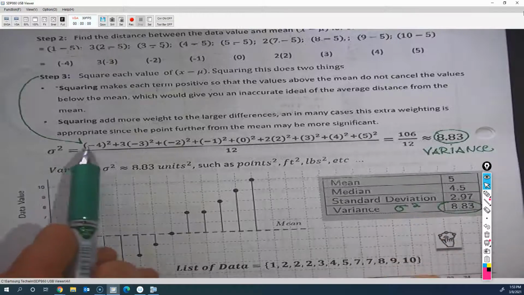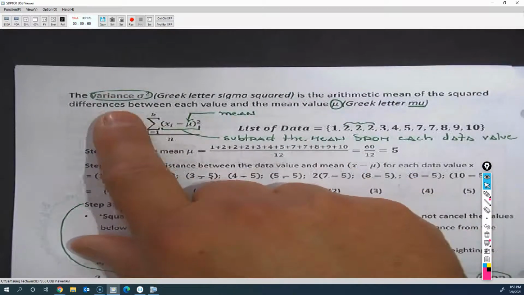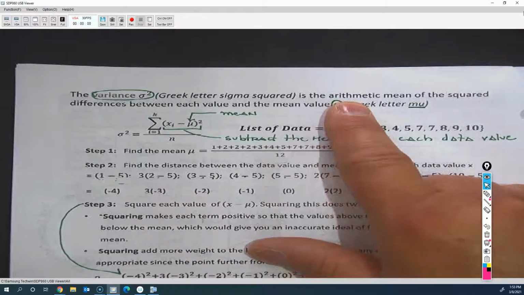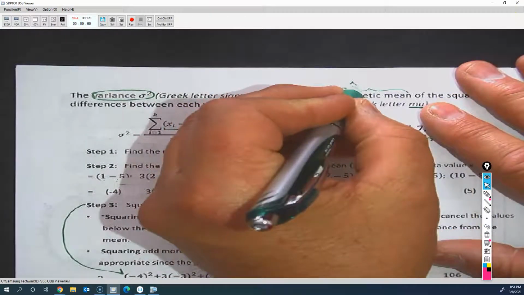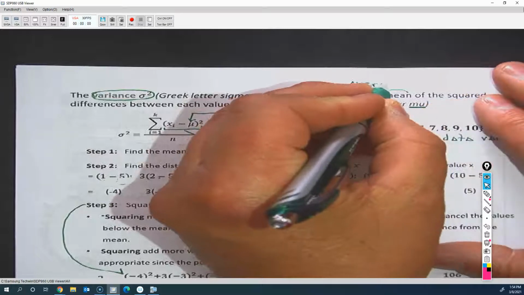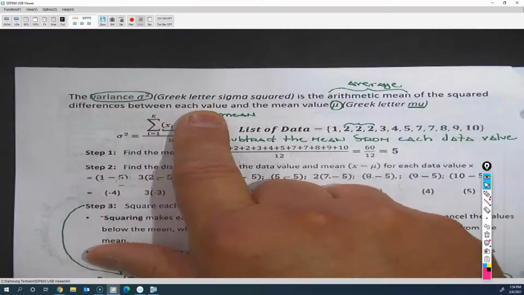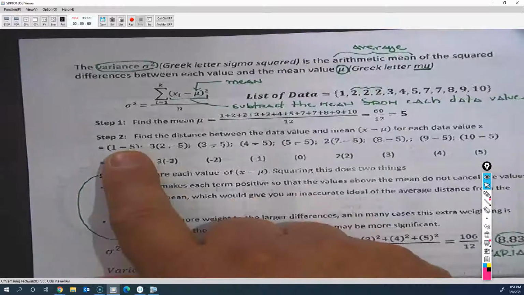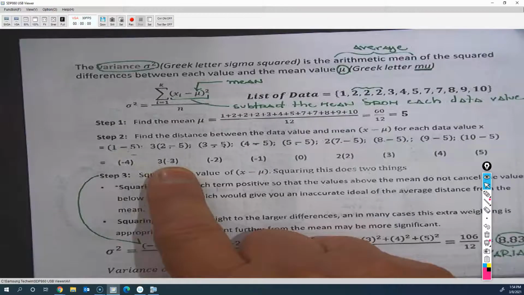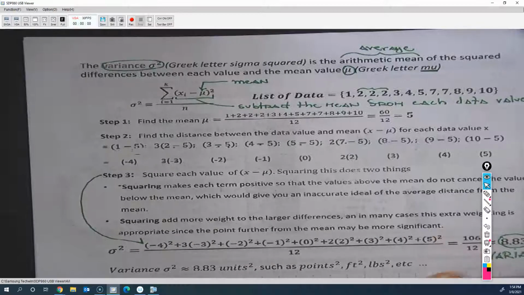So all that is, what you did here was you did the average. And that's what it says right here, guys. The variance is the arithmetic mean. That just means average. Okay? It's the average of the squared differences between each value and the mean. So these were the differences: -4, -3, -2. Then we squared them, and then we added them all up and we divided by 12.